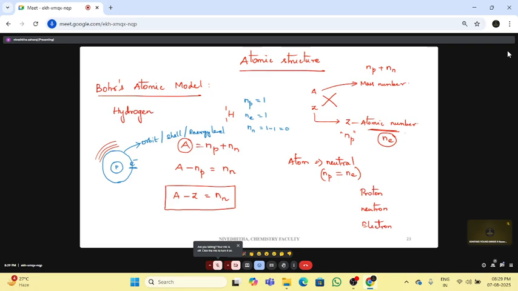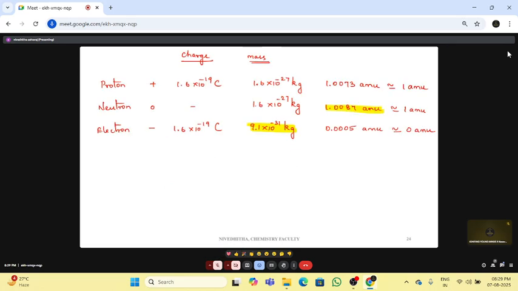That energy of the electron can be calculated using the formula En = minus 13.6 Z square divided by n square, and the unit of energy is electron volt.